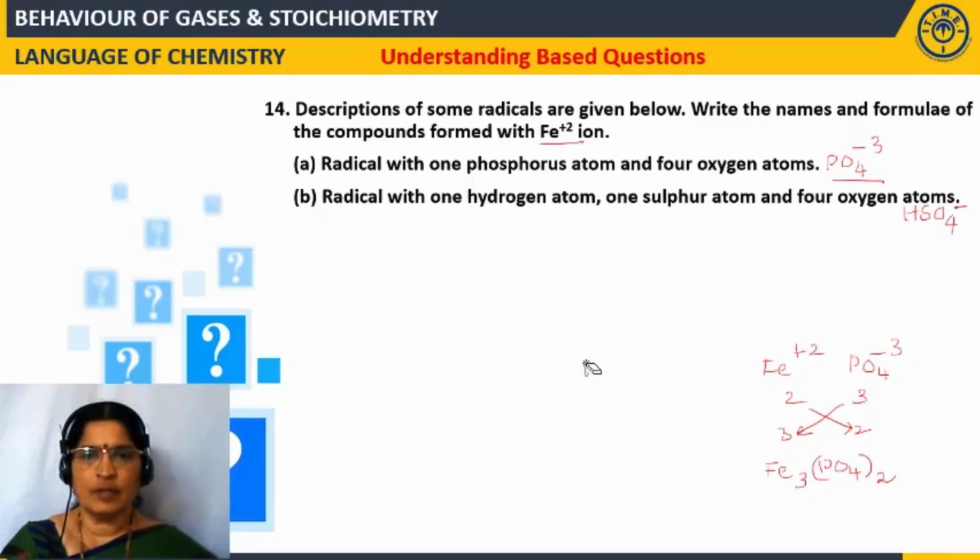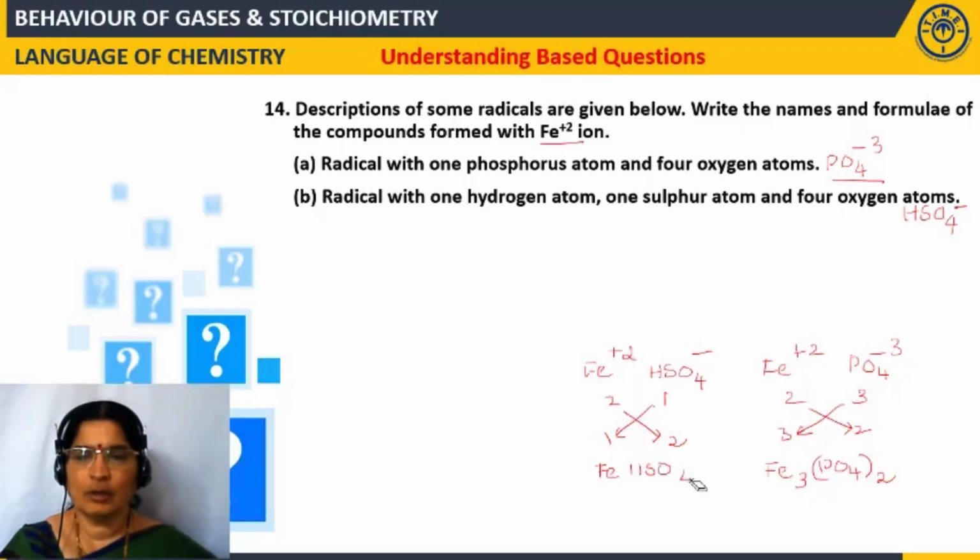Now the formula with Fe plus 2 ion: Fe plus 2 and HSO4 minus. This is 2, this is 1. If we crisscross, 1 and 2, Fe, HSO4 taken twice. Right?